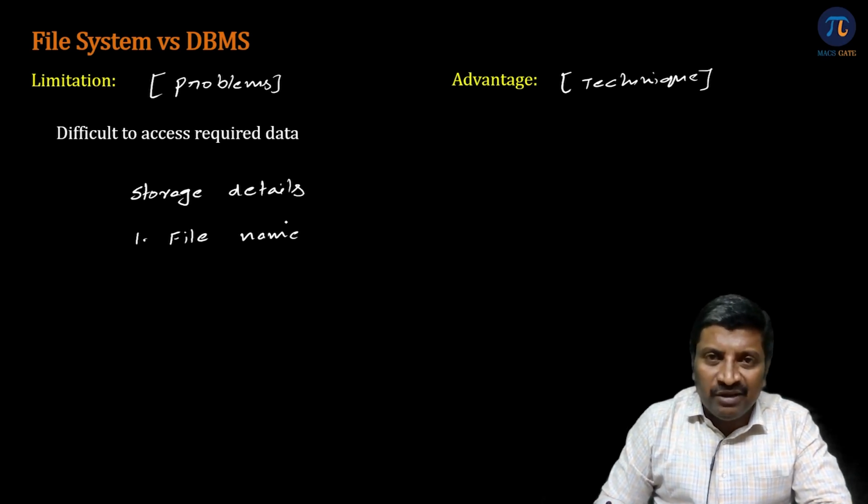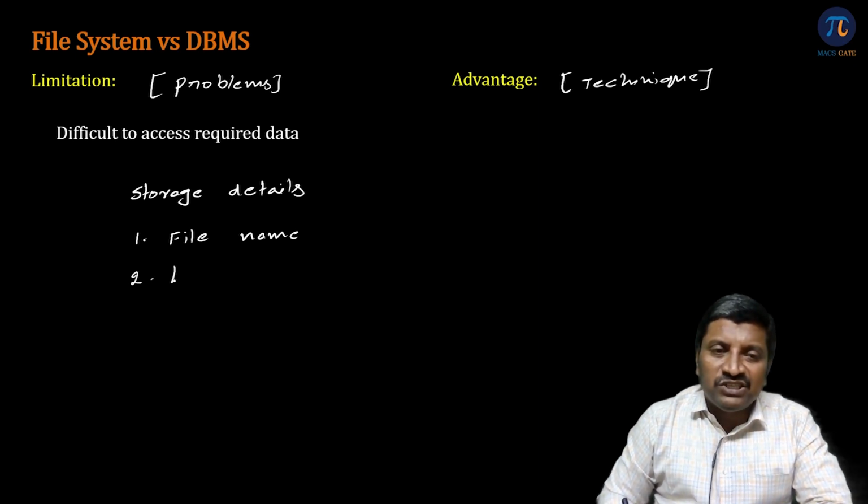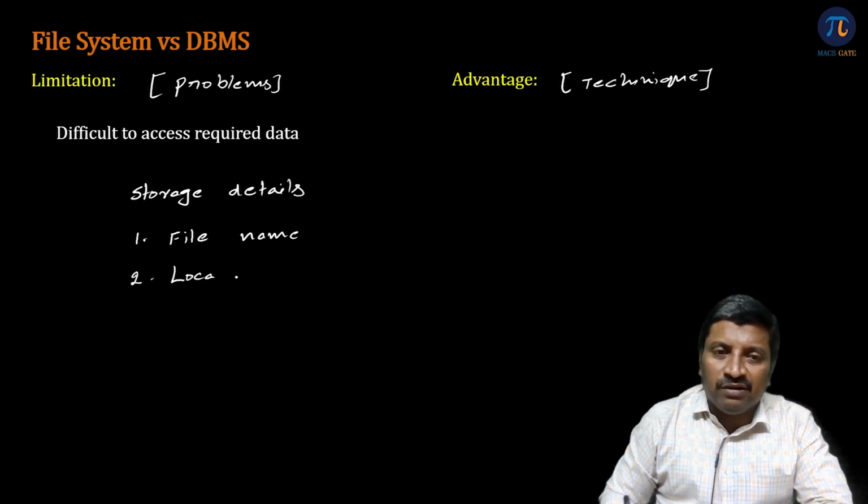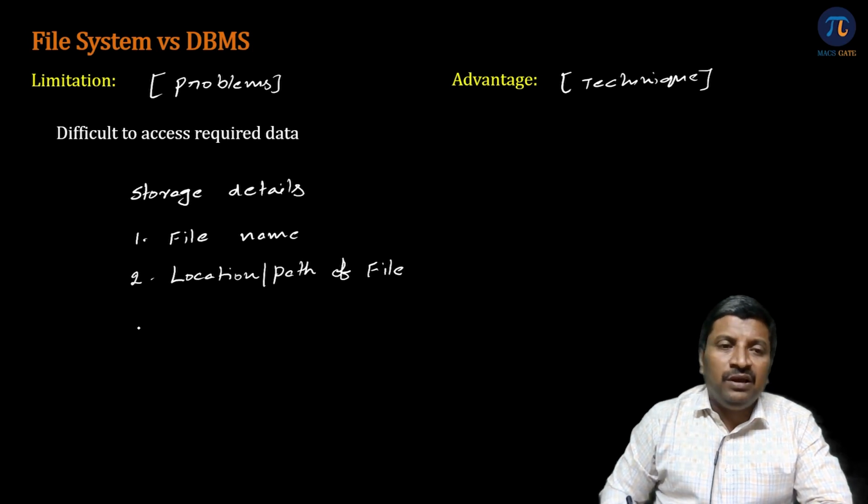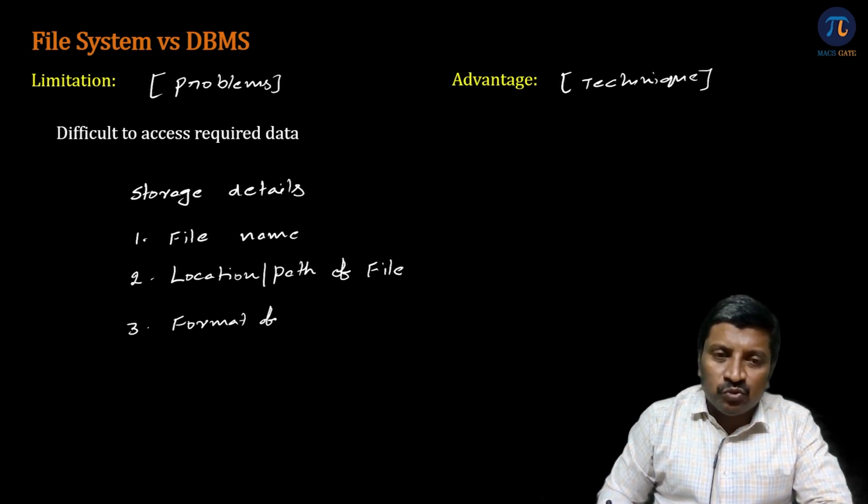Without knowing the file name, I cannot access the data of Sudhakar. The next one is the location of the file or path of the file, where it was saved. Then what is the format of the file? Depending on the format of the file, I need to use appropriate software to open that file.